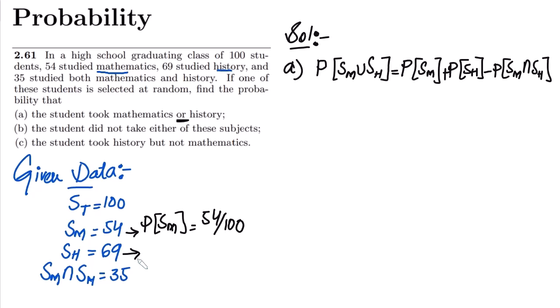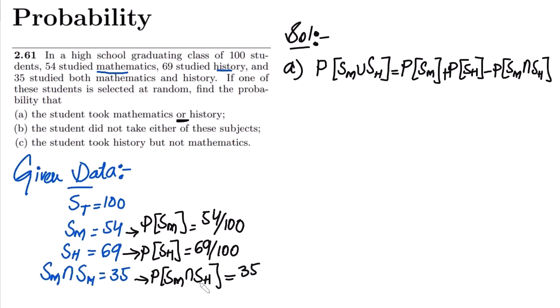Similarly, the probability of SH would be the number of students who have taken history divided by the total number of students, and for both of them, I have to write the probability of the students who have taken mathematics and history, which is the number of students who have taken these two subjects divided by the total number of students. So this is basically the given data.